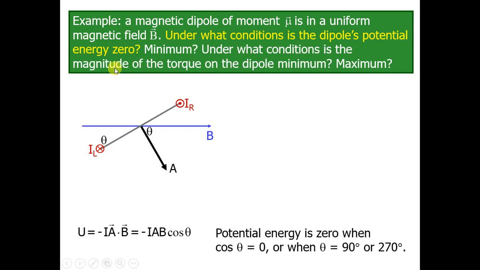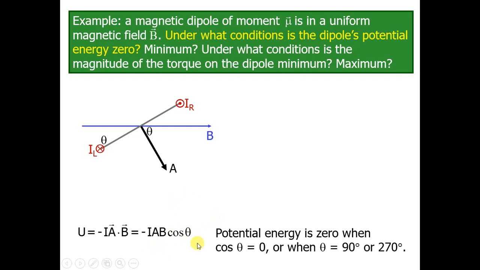First of all, what is being asked here? When is the potential energy zero? The potential energy is zero when cos theta is equal to 0, that is, theta is equal to 90 or 270 degrees. U is equal to minus m dot B, which is I A B cos theta.